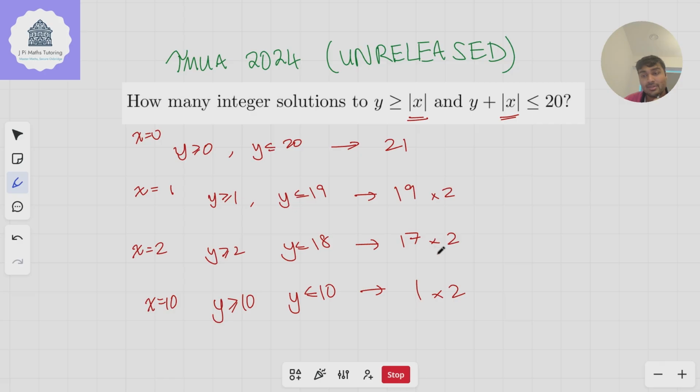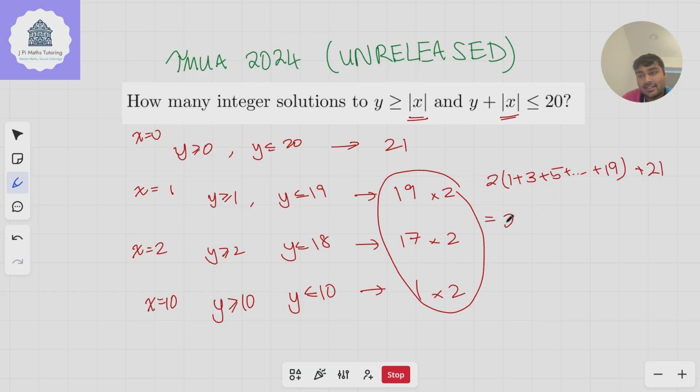And so now all I've got to do is add these up. So 21 I'm going to keep to the side for now, but what is this thing here? This is just an arithmetic sum. If I factor out the 2, it's 1 plus 3 plus 5, all the way up to 19, and I'll put the 21 here. Now, how many terms are there here? Well, the formula for this sequence is 2n minus 1, and so there are 10 terms here. Another way to think of it is you went from x equals 1 all the way up to x equals 10.